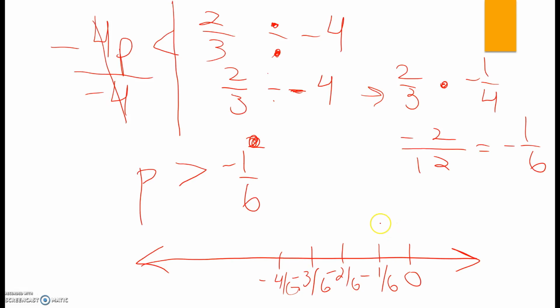Okay, it's going to be an open circle because there's no equal to sign, and our answer says p is greater than -1/6. So it's all the stuff bigger than -1/6. That's why knowing how to read these out loud or in our head is also really, really important.